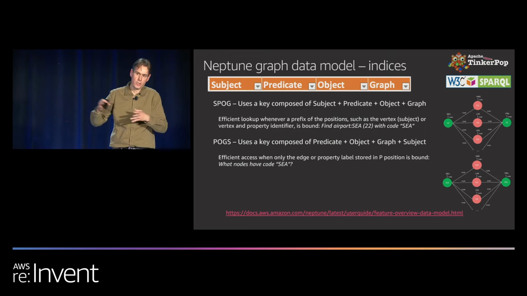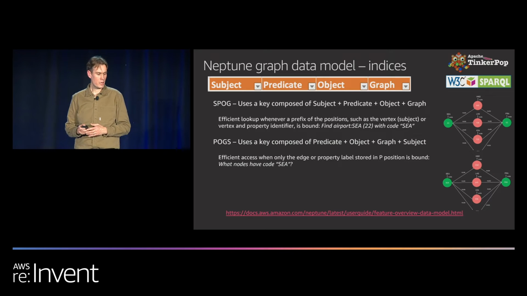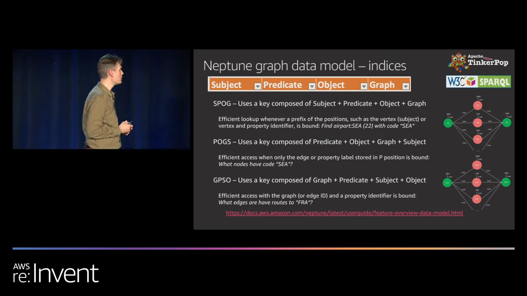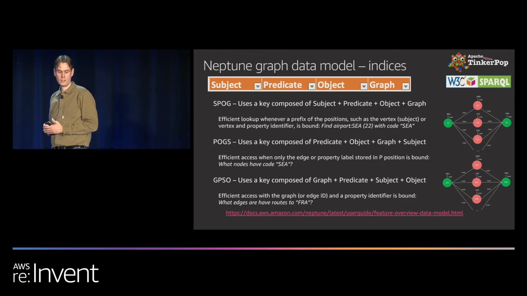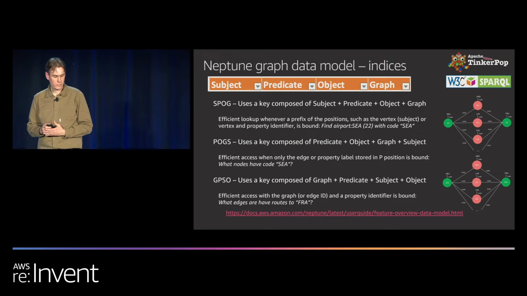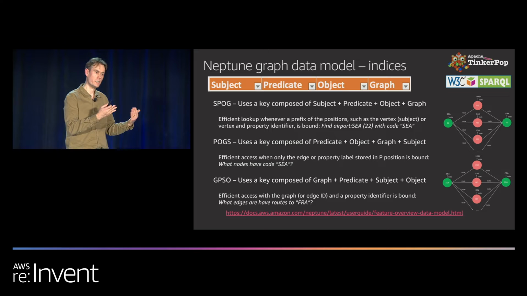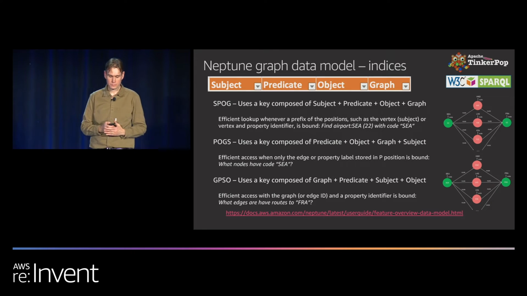Find me airports with the code Frankfurt. Then the third index that we maintain is the GPSO index, or the GPSO, the graph, predicate, subject, object. And this allows you efficient lookup when you have an edge ID or a graph and an edge label bound.